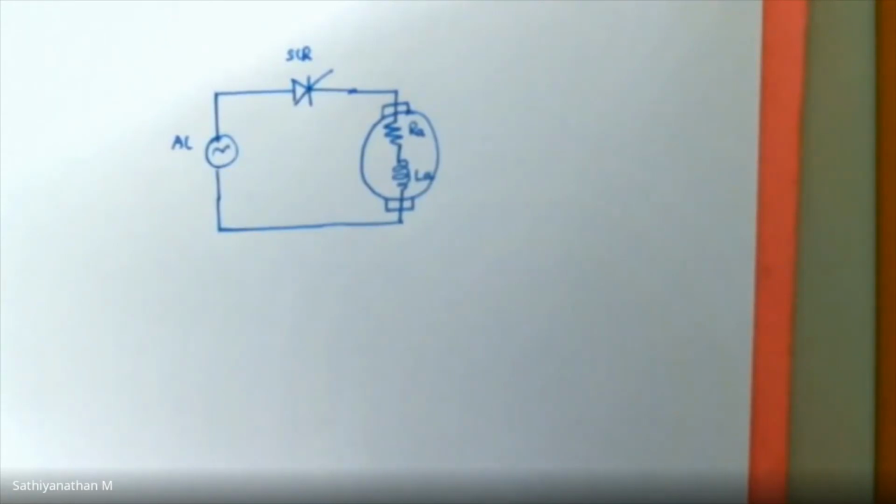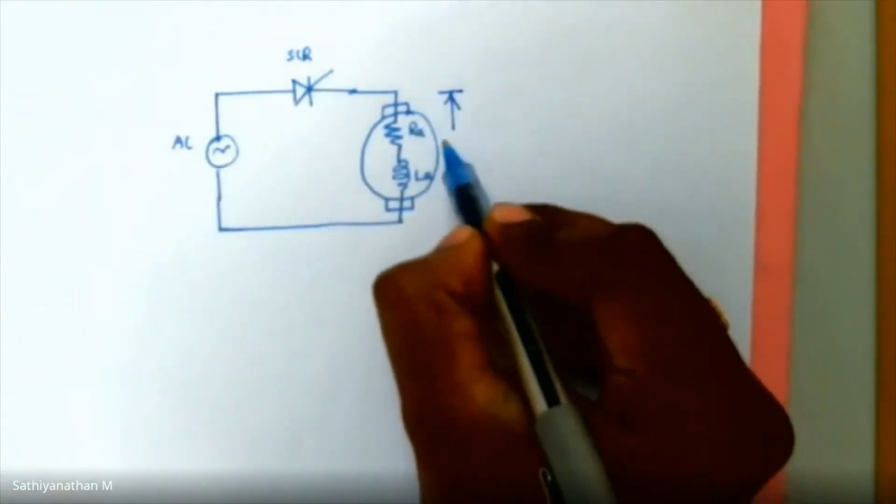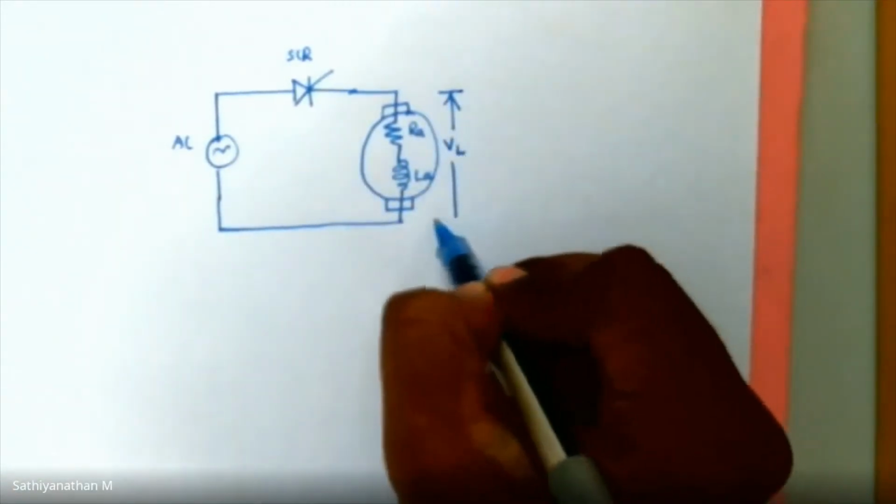Okay. What is the function of an inductor? It produces flux, and it stores some energy, right? It stores some voltage magnitude. So I can denote it as VL.